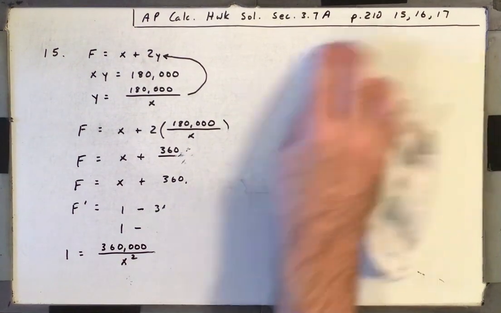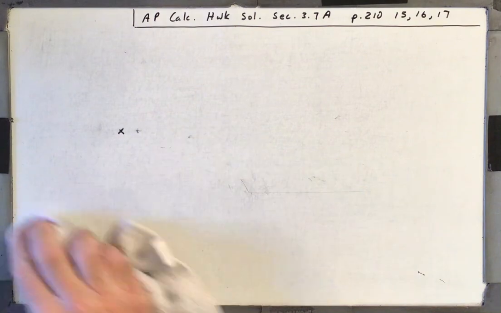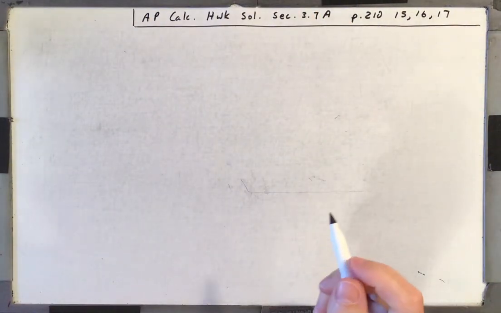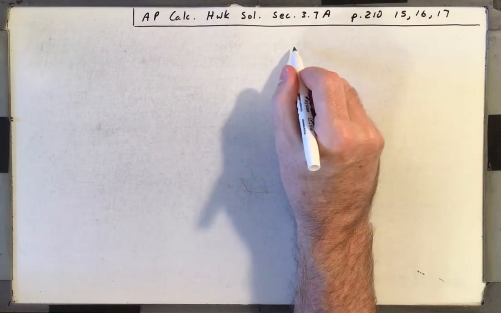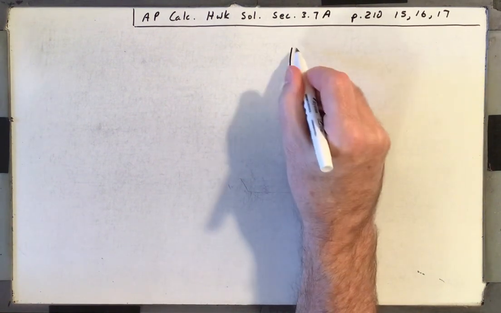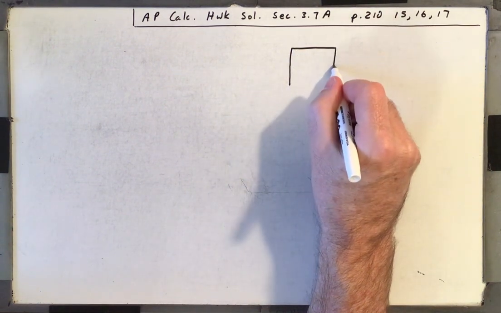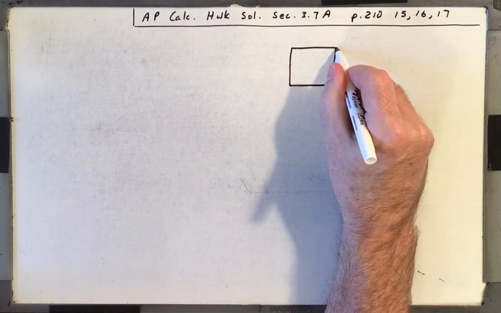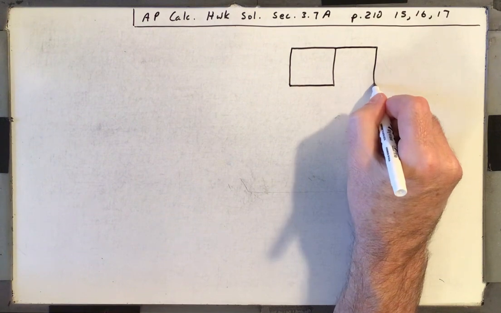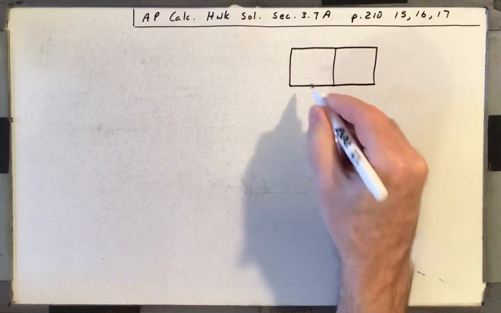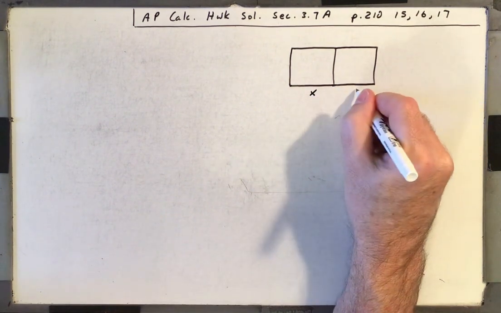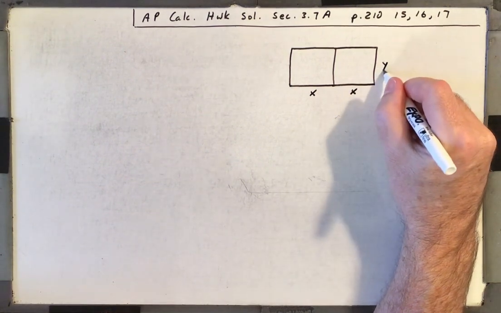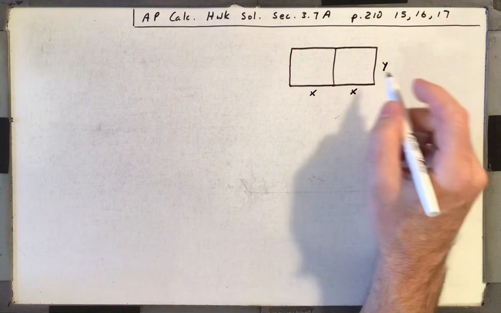Okay, on number 16, still a similar kind of problem. Hope you remember working these style problems in pre-calculus. Of course, we weren't trying to maximize or minimize, but we have adjacent pens, and the book labels that distance x, and the horizontal and the vertical distance y.